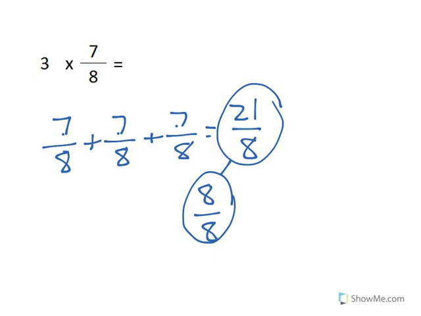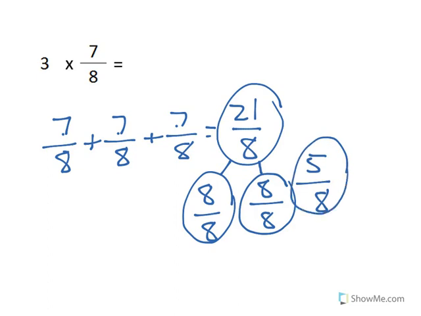But I know 8/8 plus 8/8 would give me 16/8, which is still not equal to 21. Now, if I put another 8/8, that would be 8, 16, 24/8, and that would be too much. So I've got 16/8. Now I need to think 16 to 21. That's just 5. So I need 5/8.